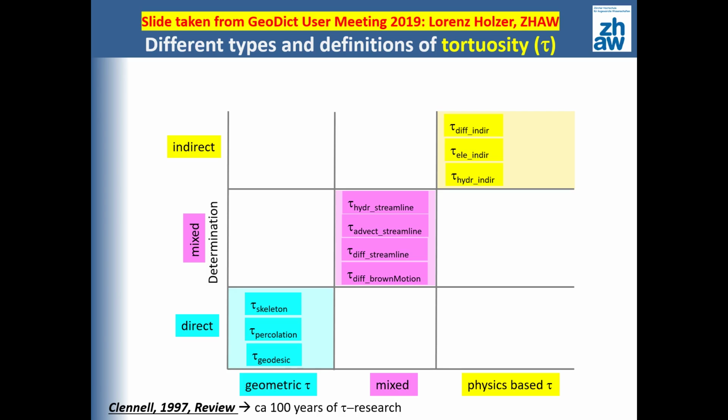It's a very interesting talk, so he really gives a broad overview of what is possible in the tortuosities, and we even included several of these definitions and their calculations in GeoDict in an app. And if you want to calculate a lot of different types of tortuosities, just contact me and I can give you the information about this app.